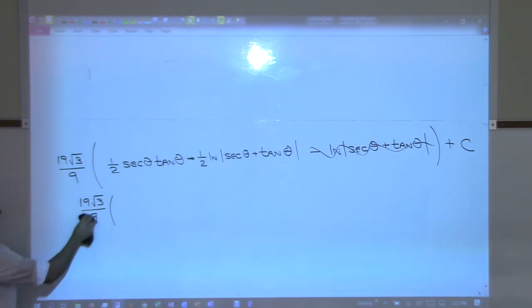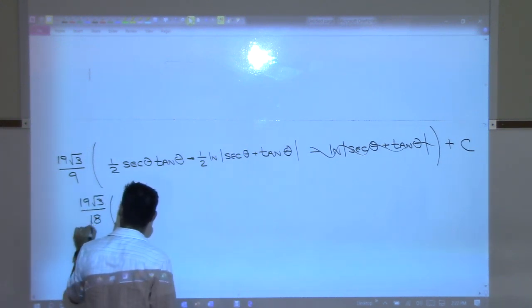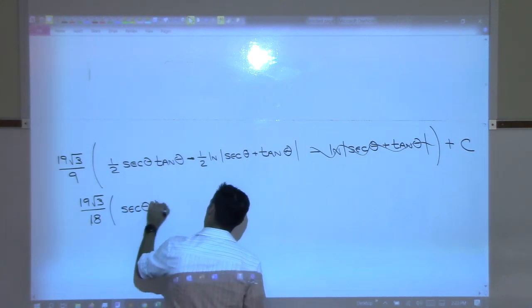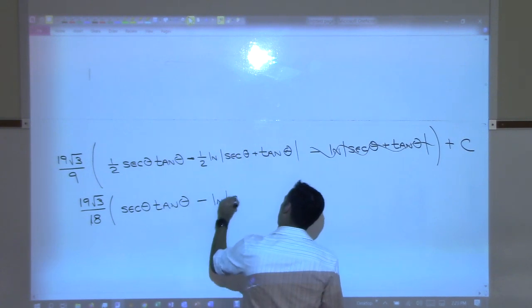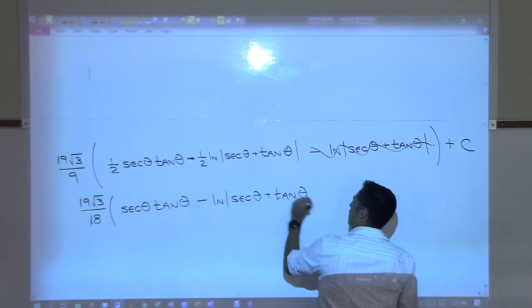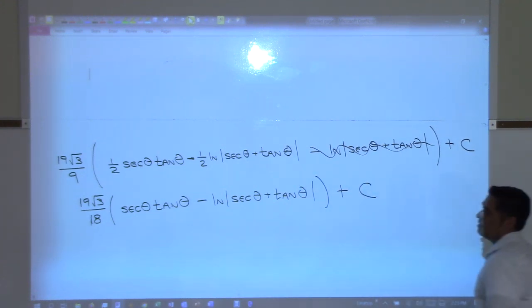So what does that become? 19 root 3 over 18, and then secant theta, tangent theta, minus natural log of secant theta plus tangent theta plus c. Done.